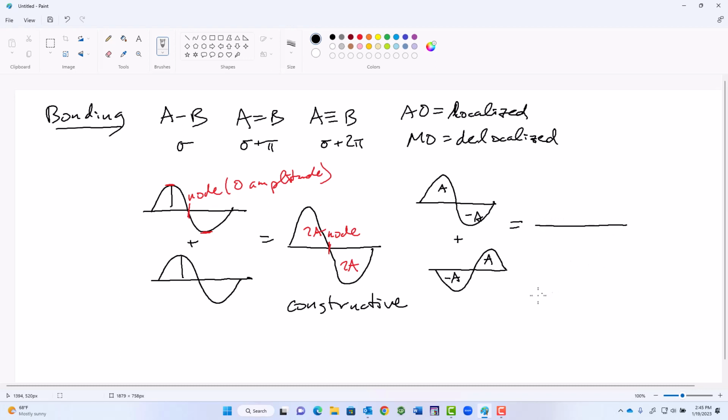So when waves add up and get larger, we call it constructive. When waves are the opposite and they are actually subtractive from one another, we call this destructive interference. Now, destructive doesn't always have to be to zero, just like constructive doesn't always have to be twice the amount. In reality, it's some combination of these two usually, but we're either approaching zero or we're approaching double when we're doing constructive or destructive interference.